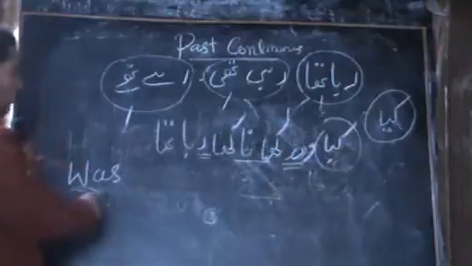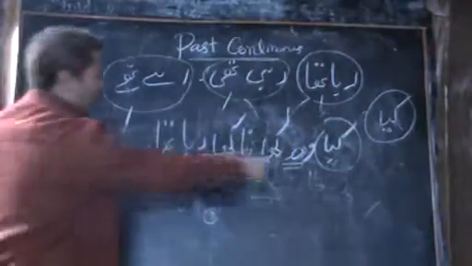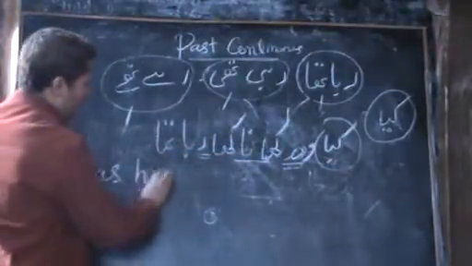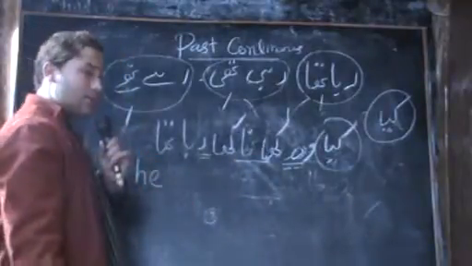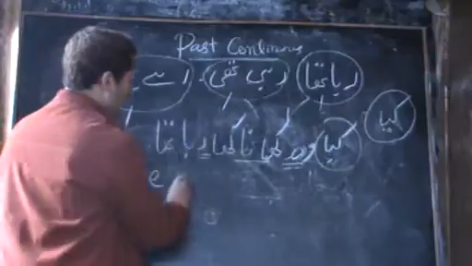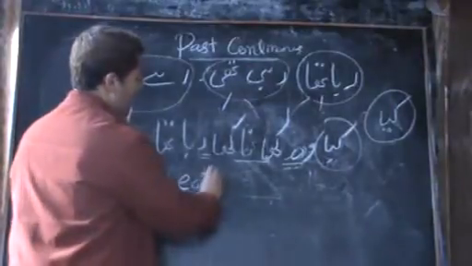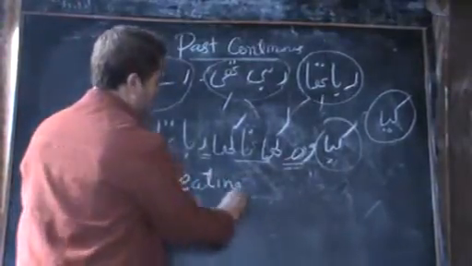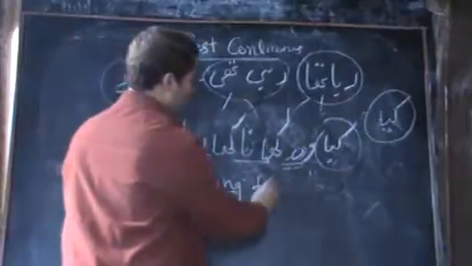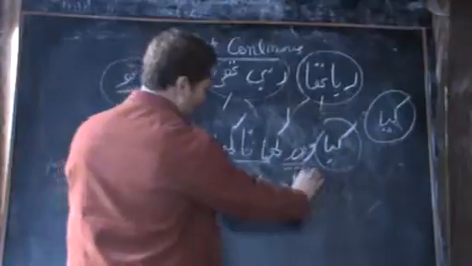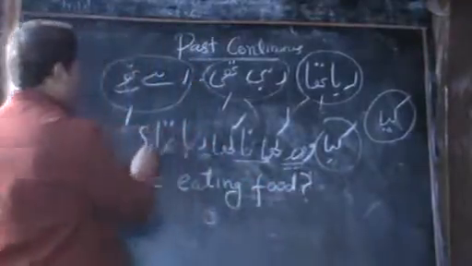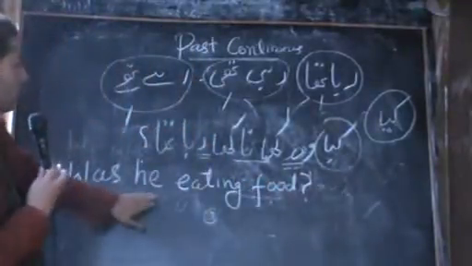Then he, was he, then the verb form will be translated. Was he eating food? Was he eating food will be the exact translation. Then the punctuation mark. And was he eating food?